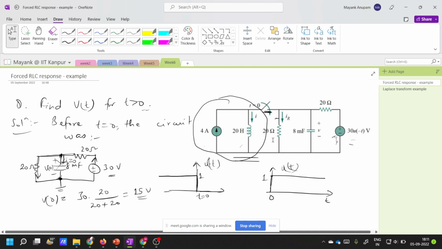So I can say that the current flowing through this 20 Henry inductor is equal to 4 ampere, isn't it? This current is equal to 4 ampere.